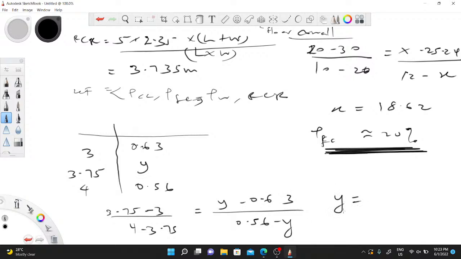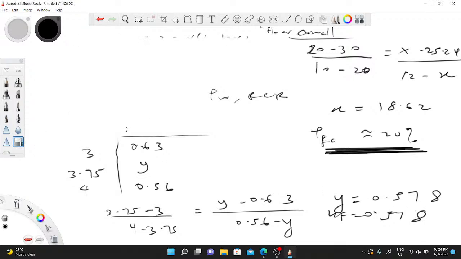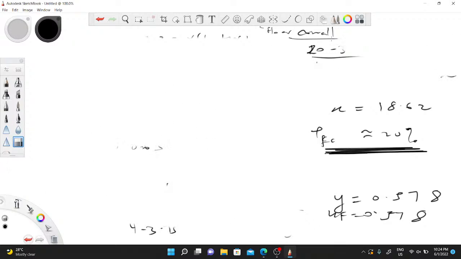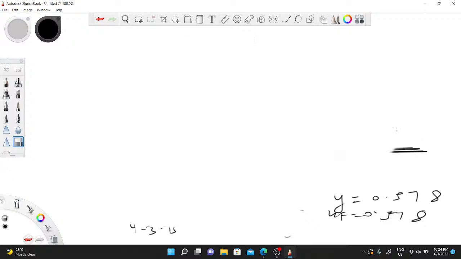If you solve this, you get your y to be equal to 0.578. And don't forget, we are finding our UF. So this UF we found is equal to 0.578. When you do this correctly, we can now use this to evaluate our number of lamps.